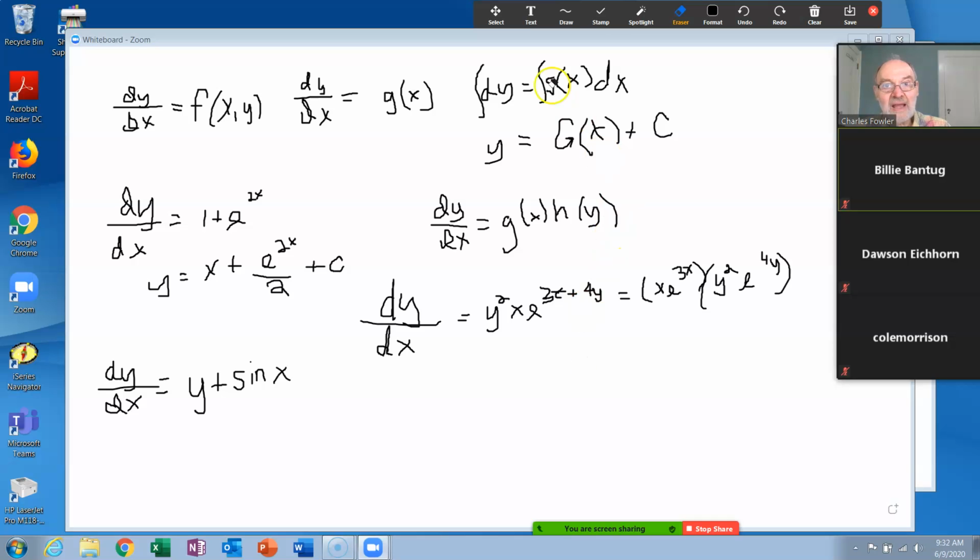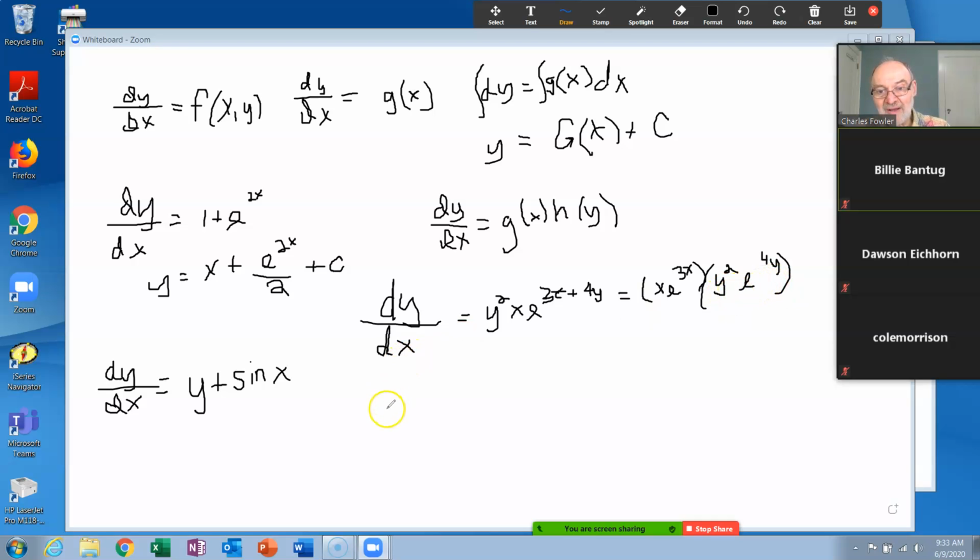Now, if I'm skipping too many steps, part of it is because I'm lazy, but the other part is that writing this is such a pain. So let's first just imagine you've taken the dx here and moved it over here. Then the next step is divide both sides by this function of y.